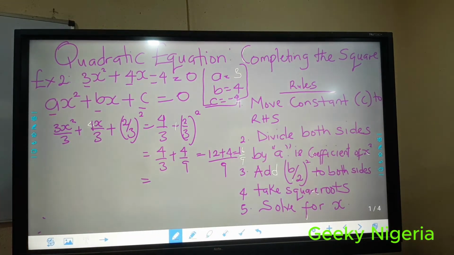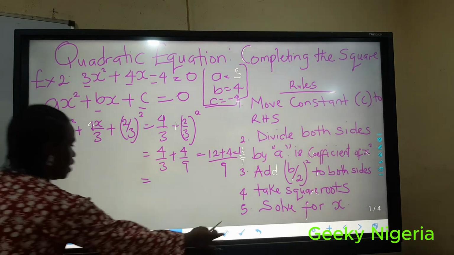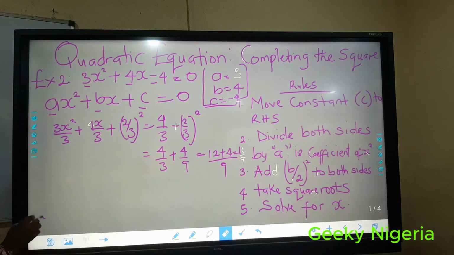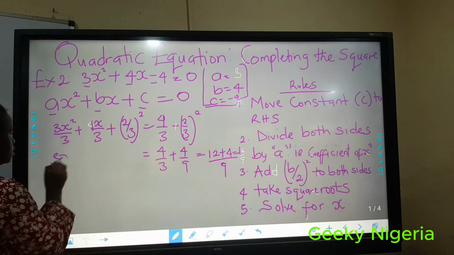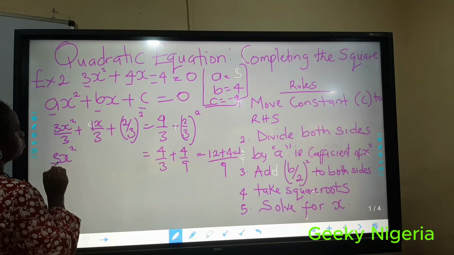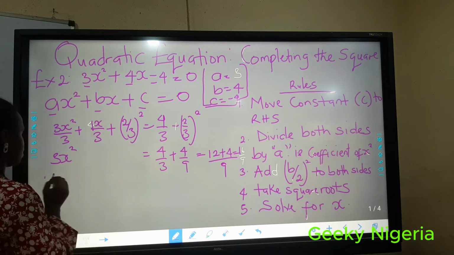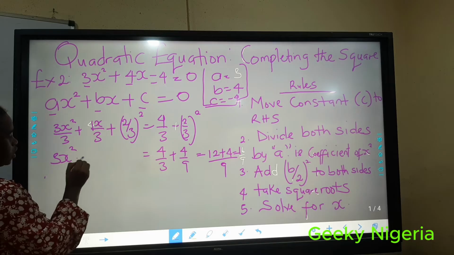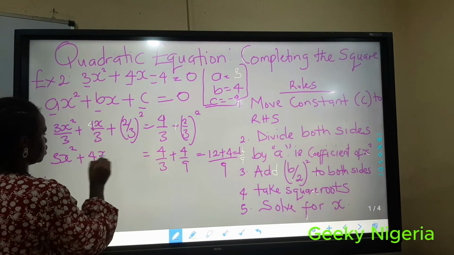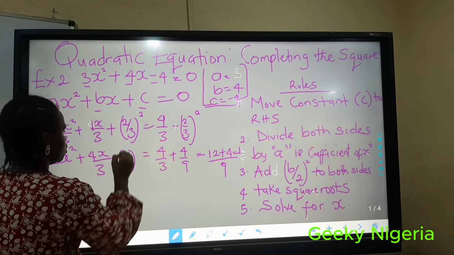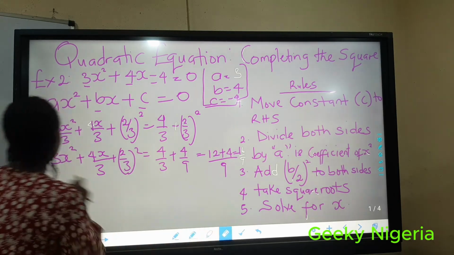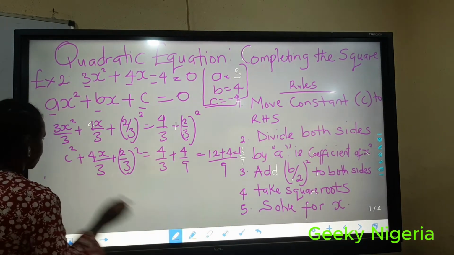Cannot reduce that, nothing can enter it. So here you still have the same thing down here. 3x squared over 3 has already cancelled each other. So we're having x squared plus 4x all over 3 plus 2 all over 3 all squared.